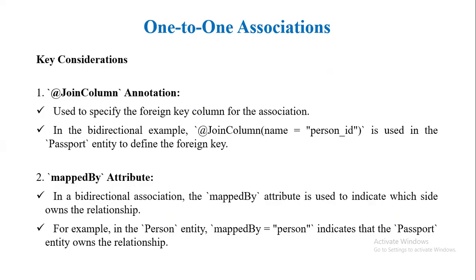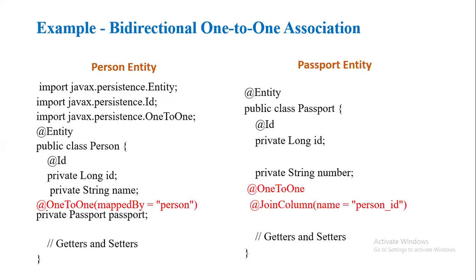So in bidirectional one-to-one mapping, @JoinColumn, in this example, we have used name = "person_id", which means that it is used in the Passport entity to define the foreign key. And the next one is the mappedBy attribute. We recently used it in the bidirectional mapping.